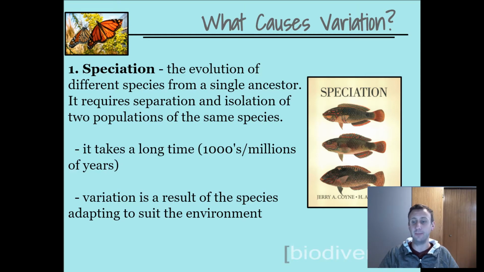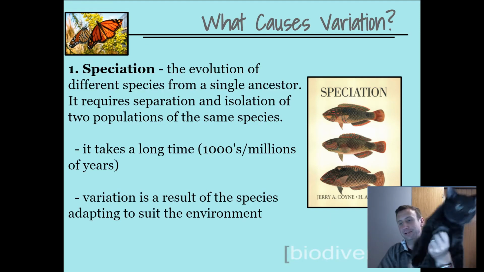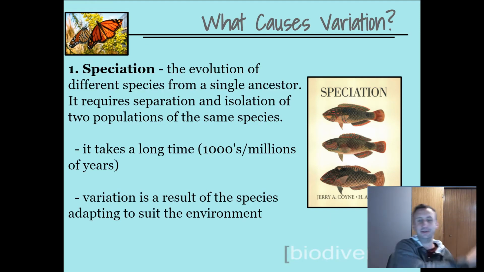Then over time, those populations will genetically become further and further apart, right? So over time, and I've got a kitten here who's just kind of hanging out, chilling, those populations are going to get further and further apart as they become adapted to their specific set of circumstances.